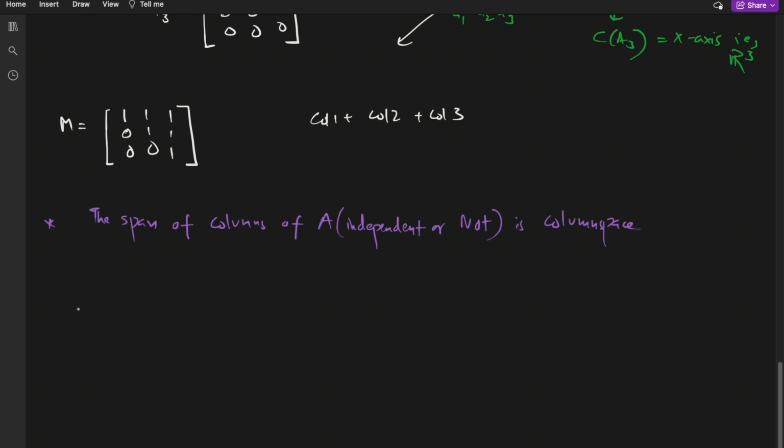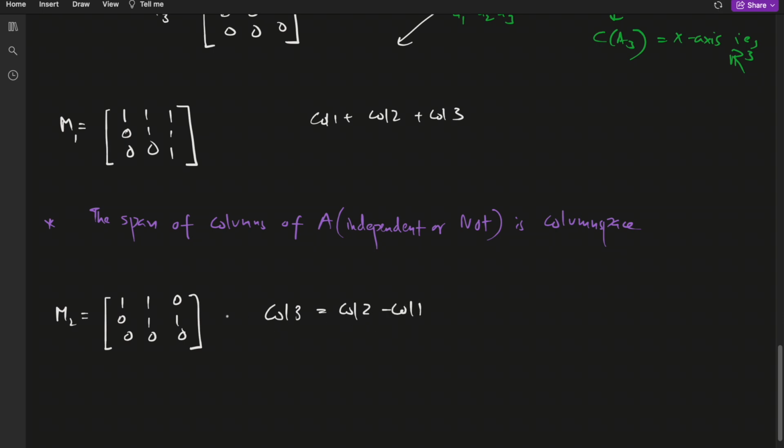Let us suppose this is M1. Let us suppose this is M2, right? And this is nothing but 1 0 0, 1 1 0. But the third one is nothing but column 2 minus column 1. So this becomes 0 1 0. So we can simply see that here column 3 is nothing but column 2 minus column 1, right?